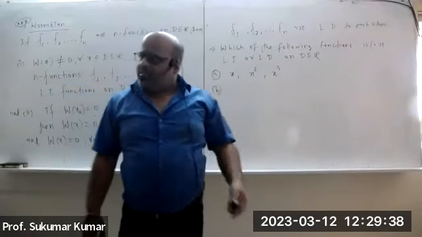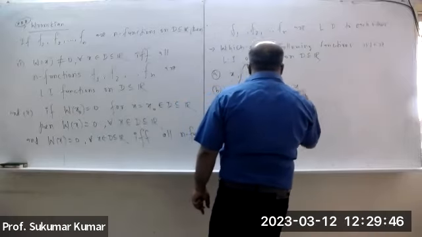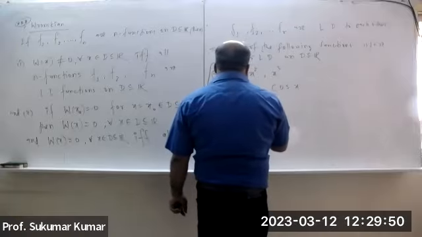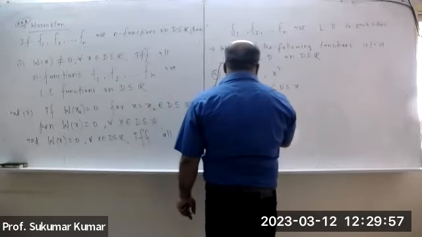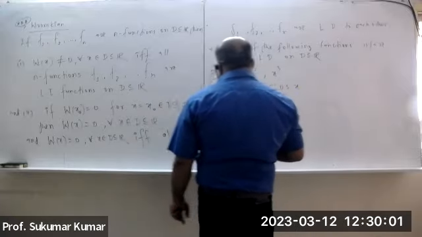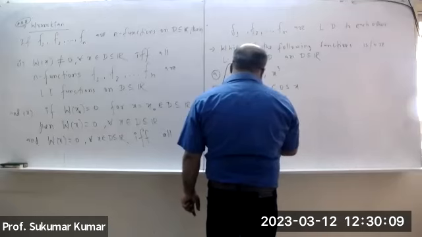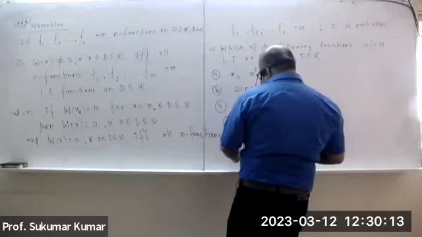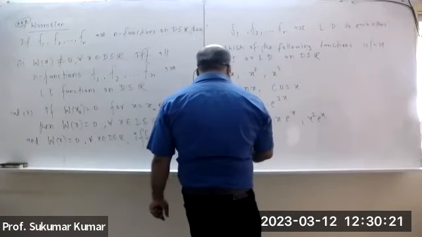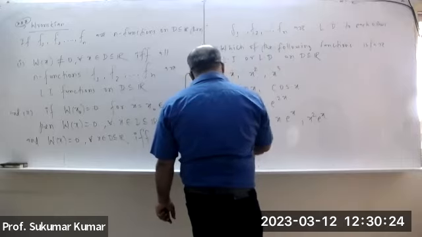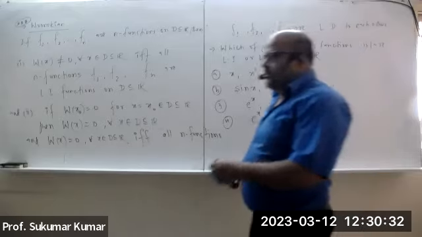After that, the domain where it is 0 is different. Then check this fourth one: is it independent or dependent, and on which interval?